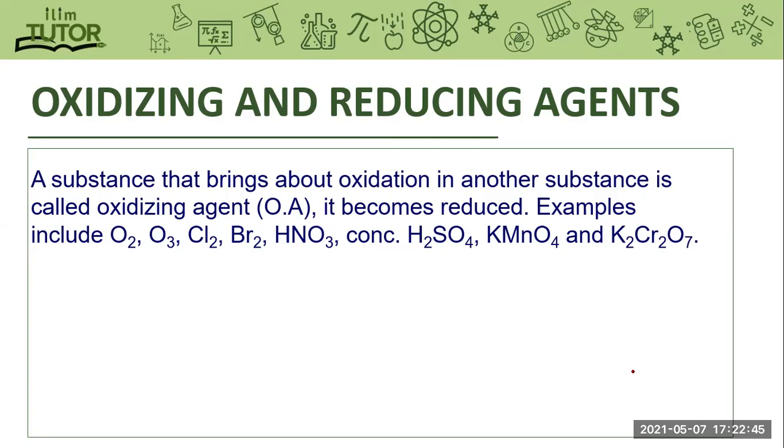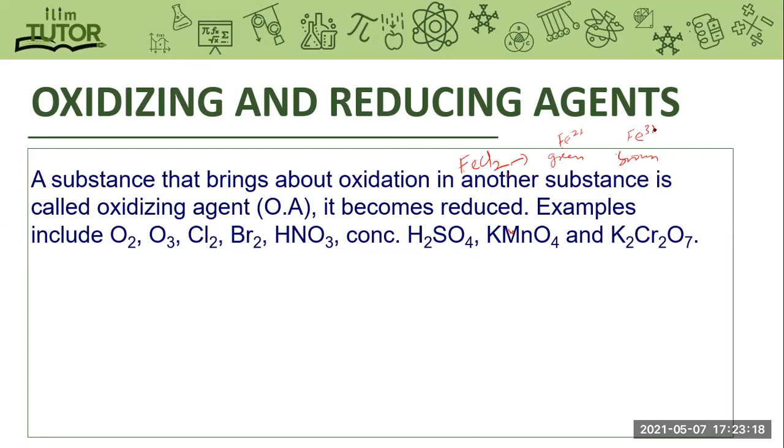Practically, we can test for oxidizing agent based on some reactions. Take, for instance, we can test oxidizing agent, maybe you add it to iron chloride, and you expect to have a change from green to brown, because basically what you're having there is iron 2 plus to iron 3 plus.